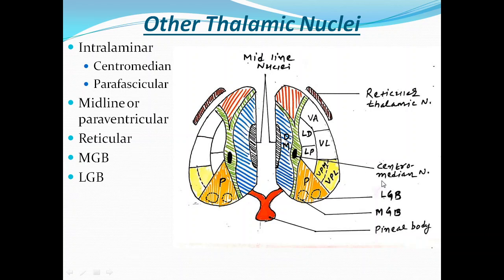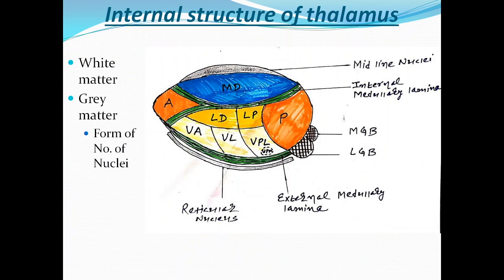So try to remember the names of these nuclei. Once again I will repeat. In the anterior part, anterior thalamic nucleus. In the medial part, two nuclei are there: large medial dorsal nucleus and smaller medial ventral nucleus. In the lateral part, two divisions, ventral and dorsal. Dorsally: lateral dorsal, lateral posterior, and pulvinar.